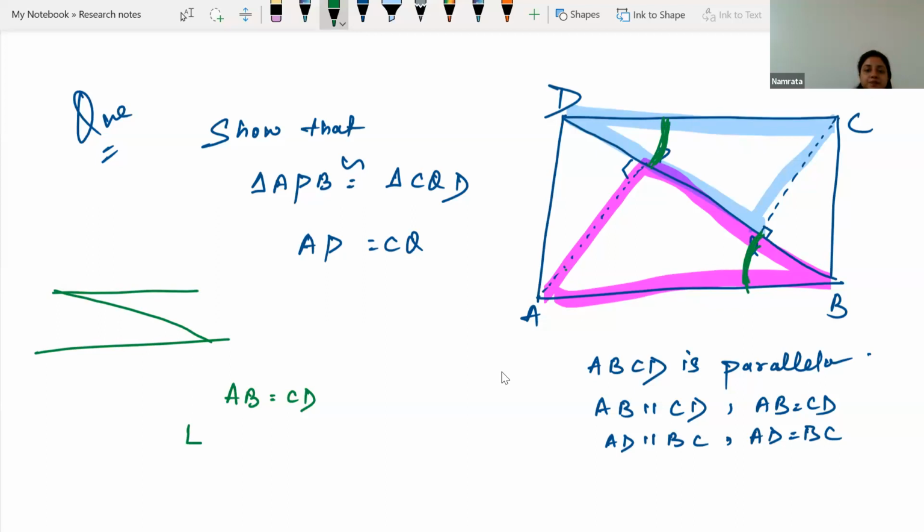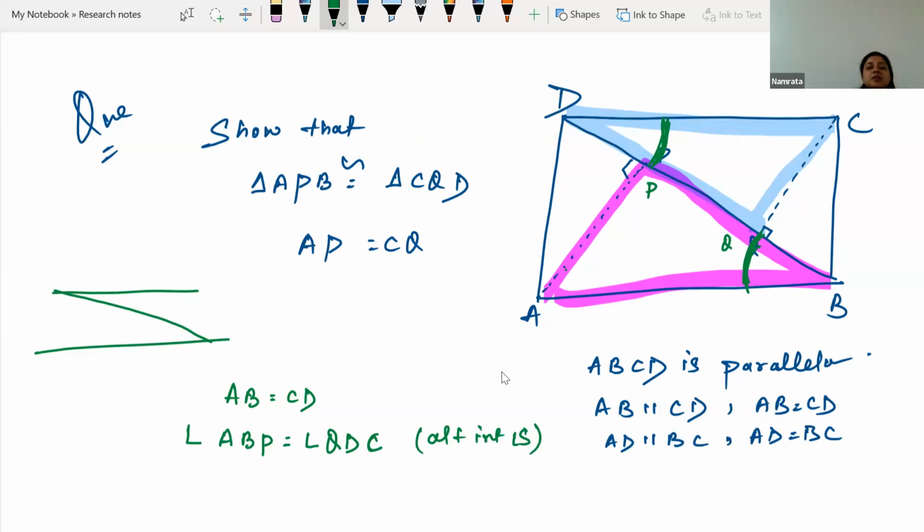So angle ABP is equal to angle QDC. These two angles are the same, again alternate interior angles.